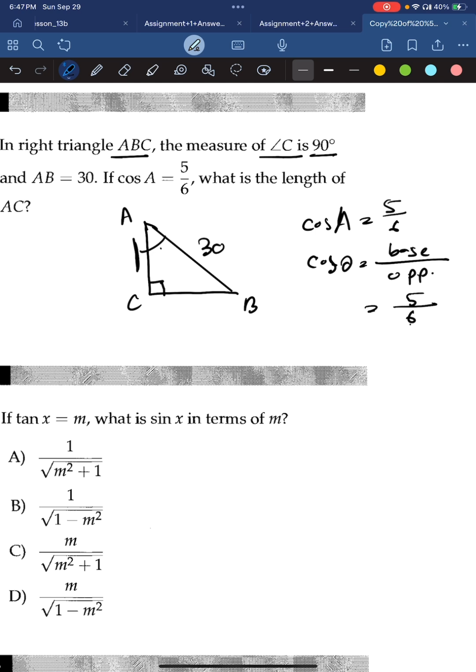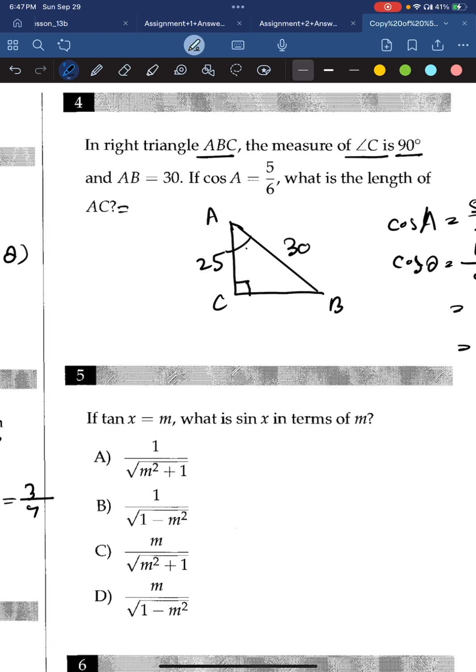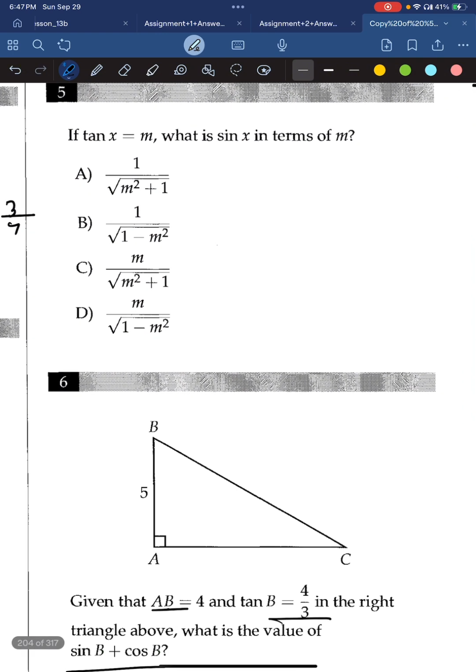So how do you get 30? You multiply by 5 on both sides. So it's 25 over 30. From that we found AC is equal to 25. That's what we had to find. So let's do the next one.